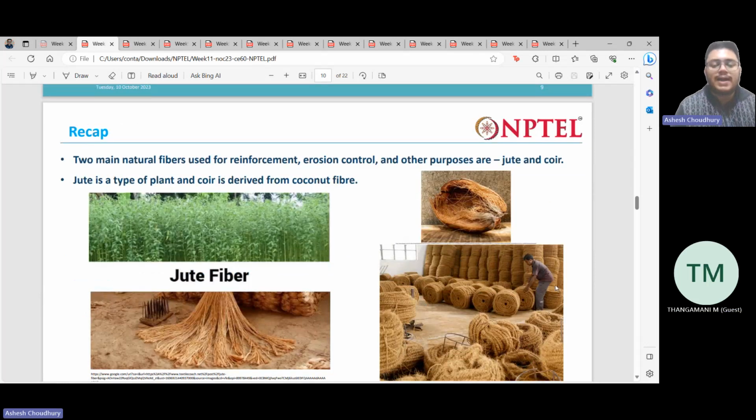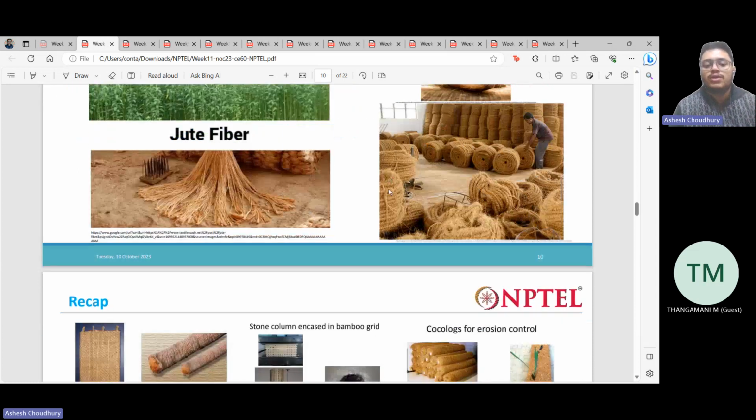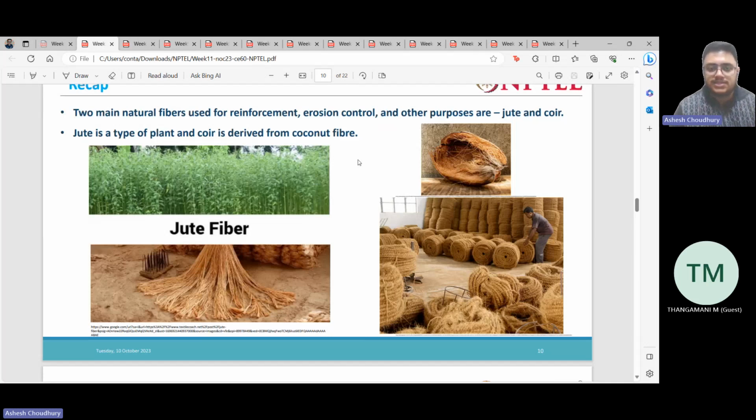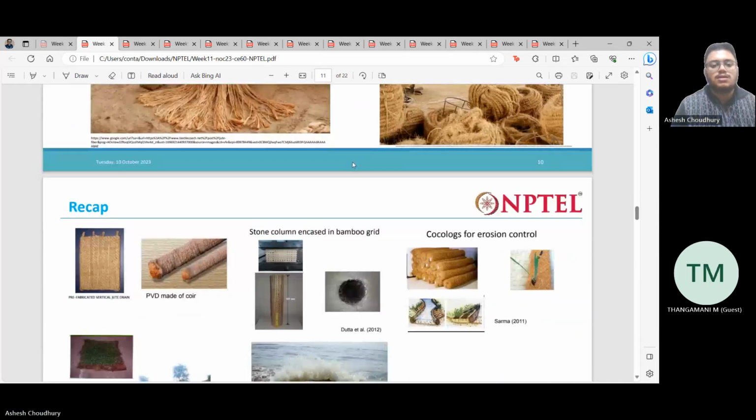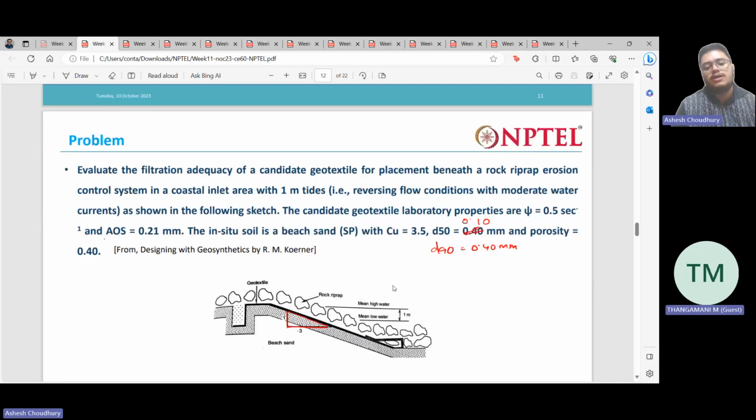Then we saw why natural geosynthetics made of jute fiber or coir are important, because of sustainability reasons. Then we solved one problem regarding erosion control where riprap is there and we have placed a geotextile below it, which acts as a filter.